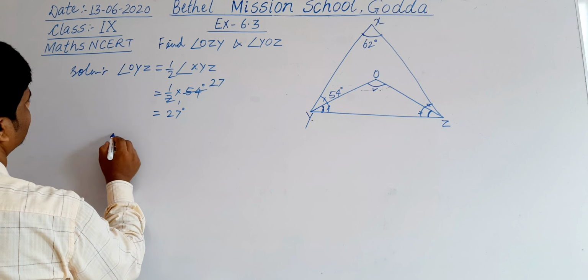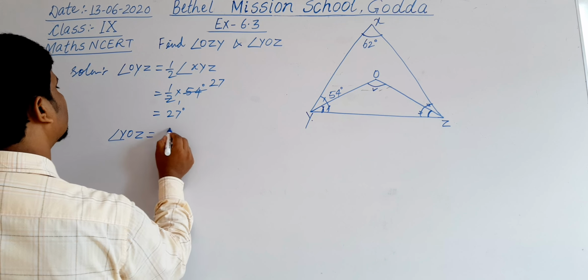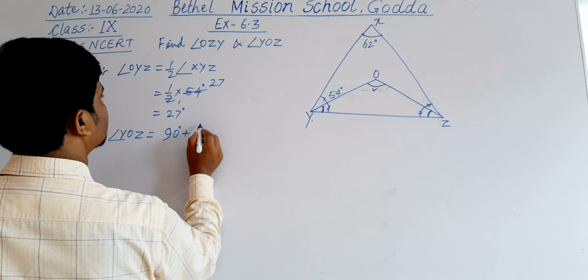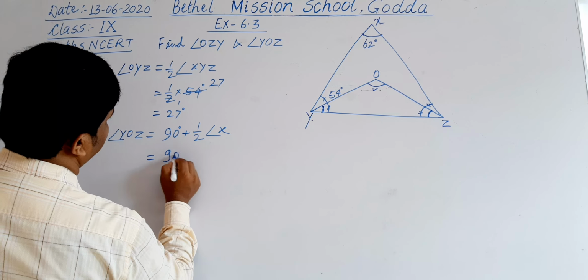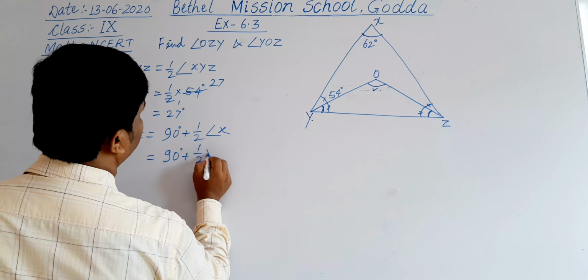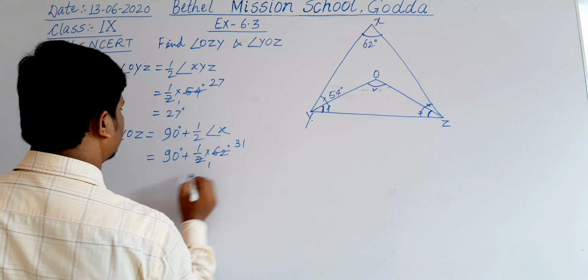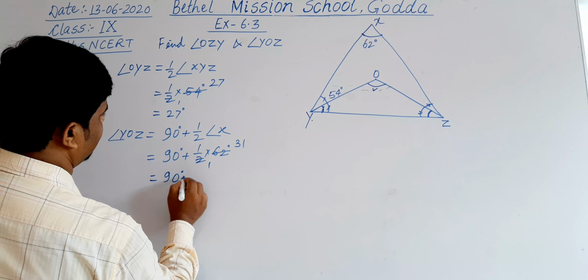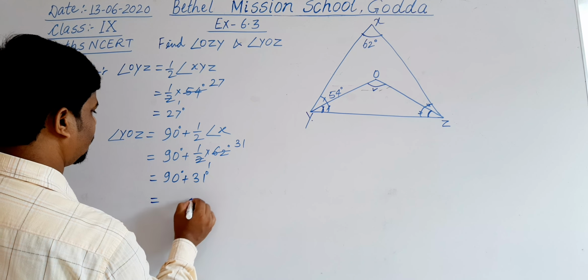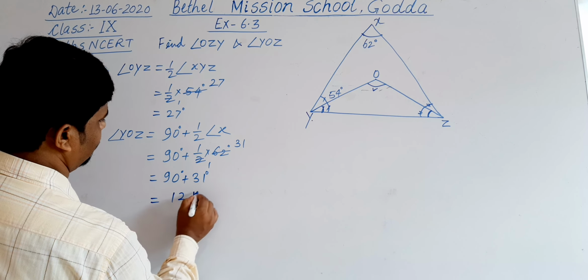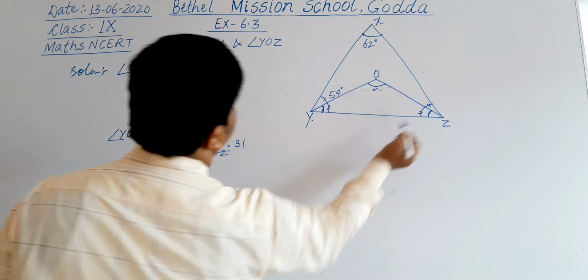After that, angle YOZ equal to 90 degree plus half angle X. So 90 degree plus half into 62 degree, which is 31 degree. 90 degree plus 31 degree, 121 degree. Now we have to find this angle.